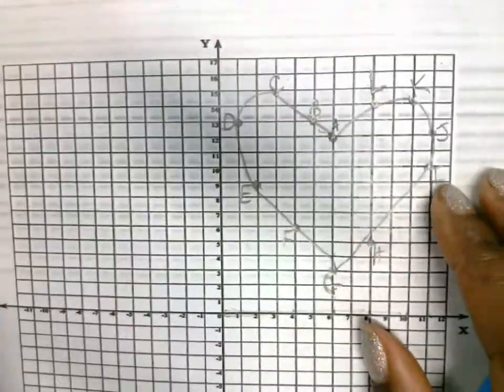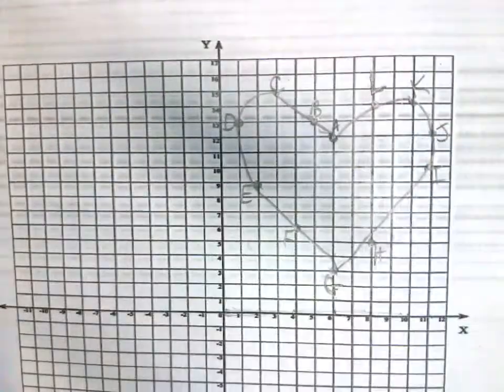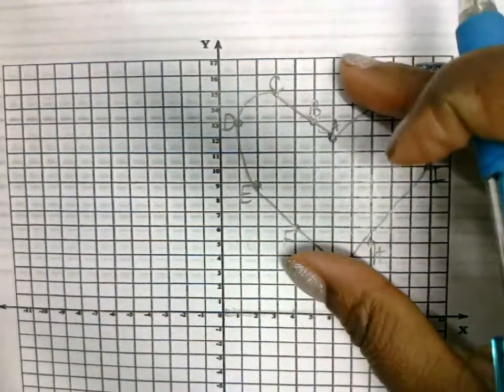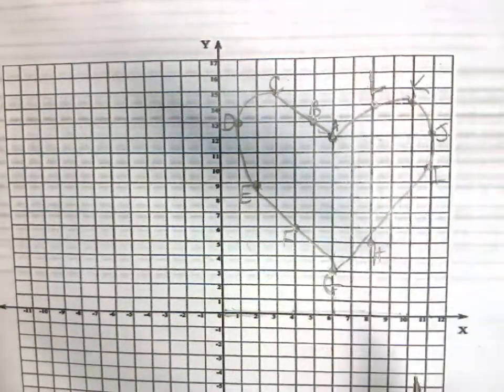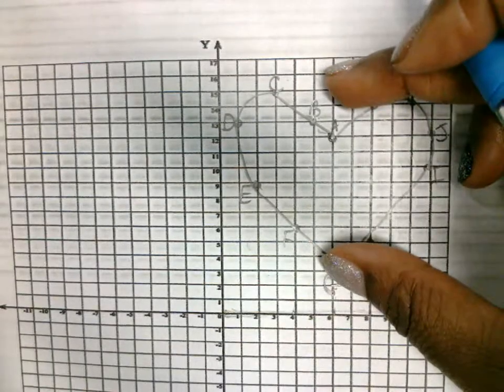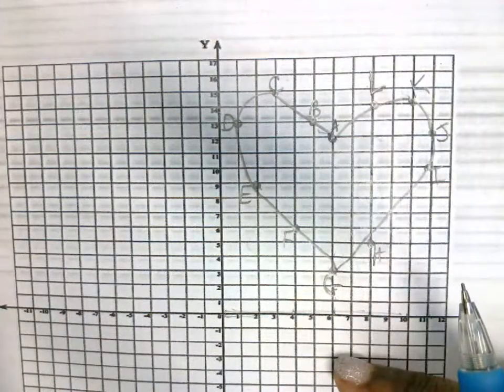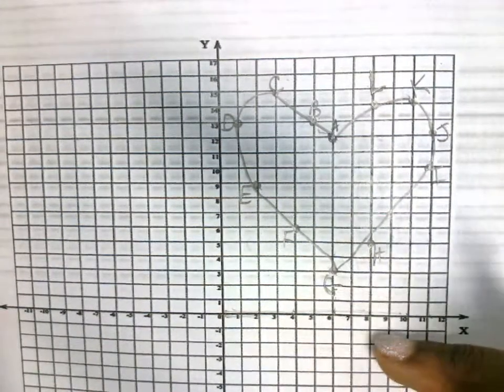My second step, what I could do is I could just come up with a transformation. I can move this to this quadrant down here. I could move it down at least maybe 15 and then over to the right one.